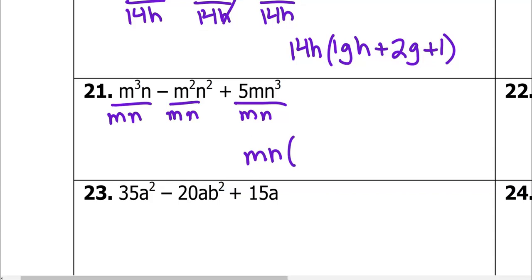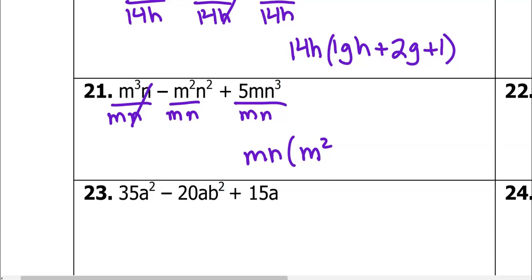Ooh, look at all these fun vocab words. So if you had M3 and we moved an M out front, we have M squared left over. Good. The only N got moved out front, so I don't have it anymore.